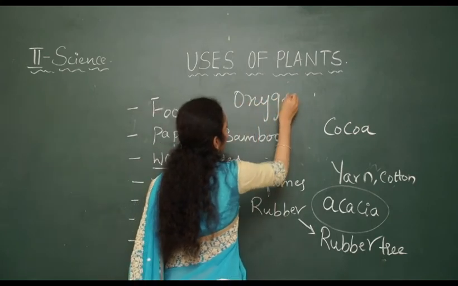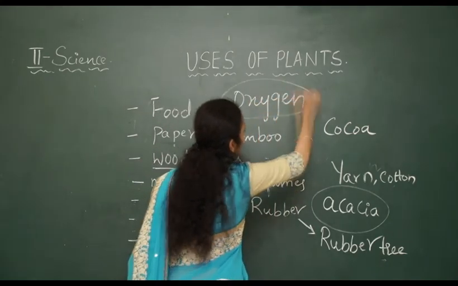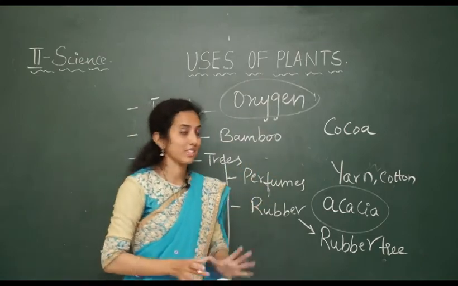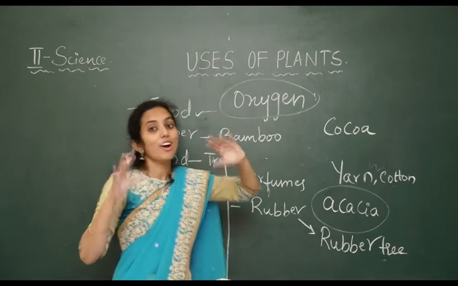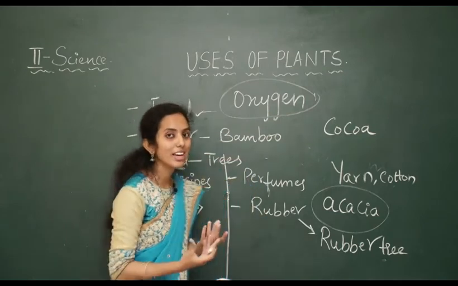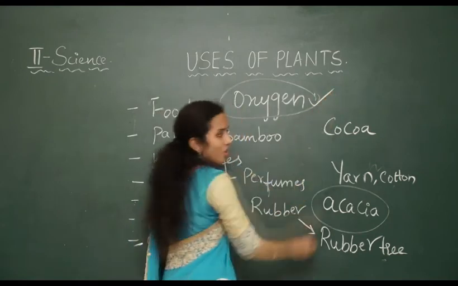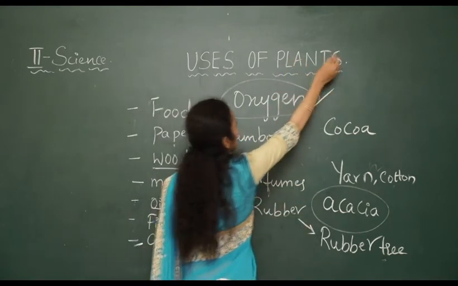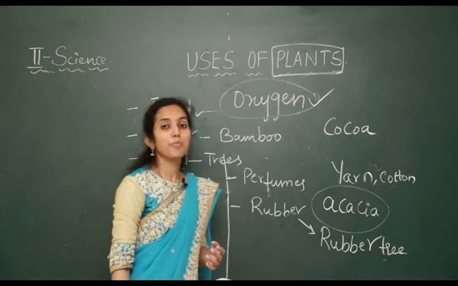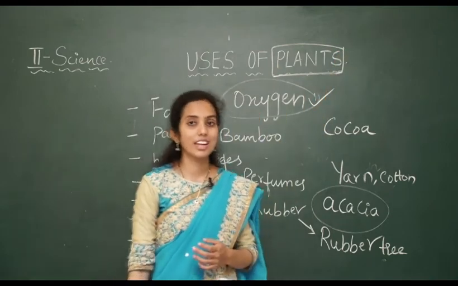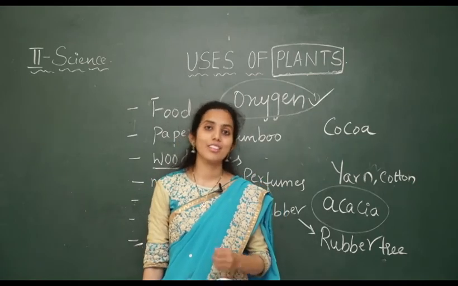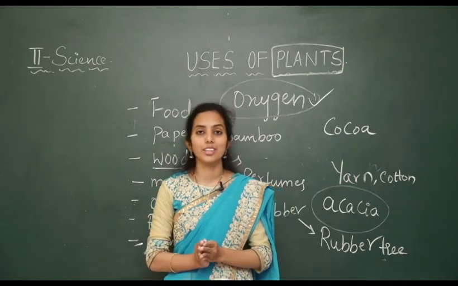We only need oxygen from the complete air. And air is a mixture of different gases. But what do we need? We need oxygen to breathe in. And who is giving us oxygen? Who is giving us oxygen? Yes, plants. Plants are giving us oxygen, which is very, very essential for the existence of human beings.